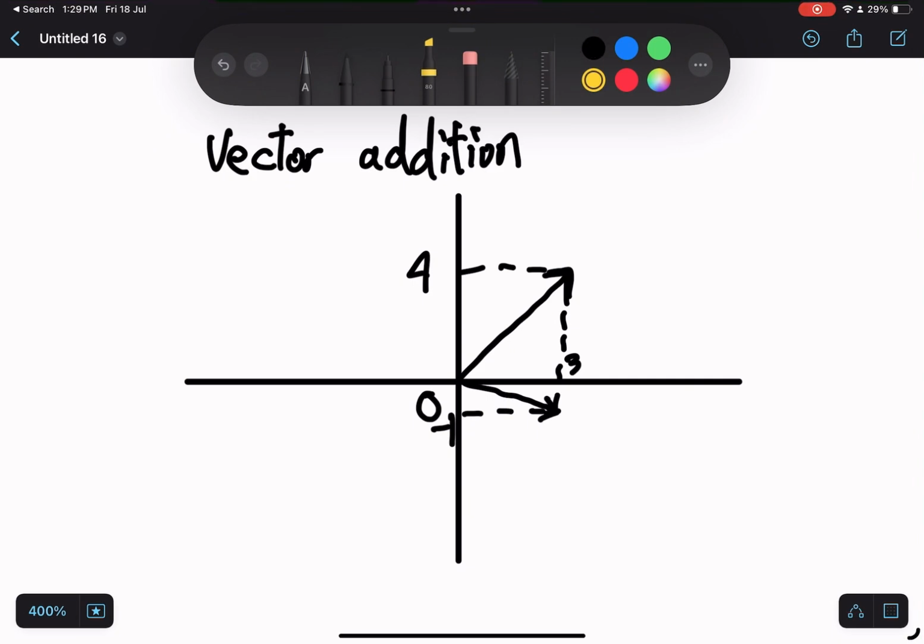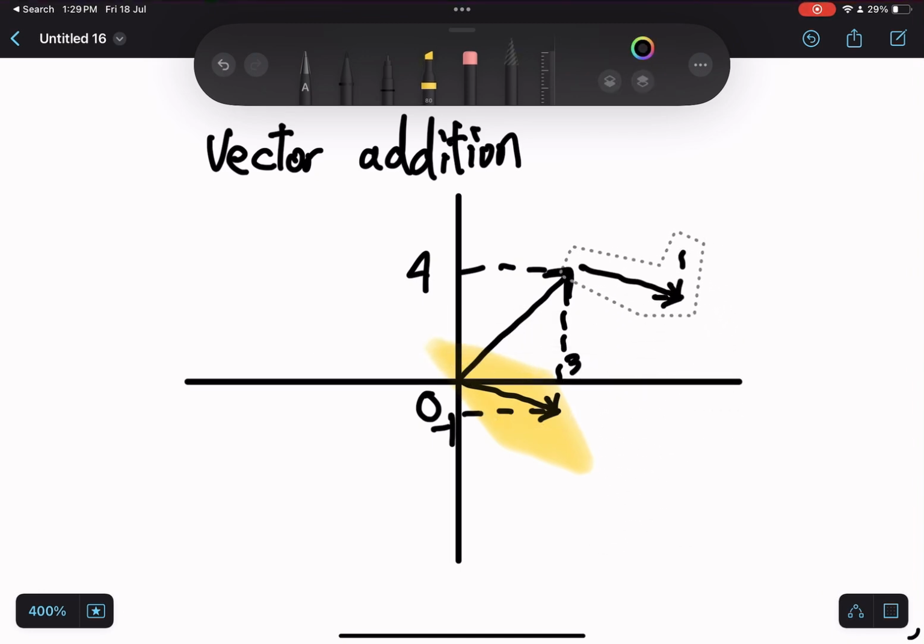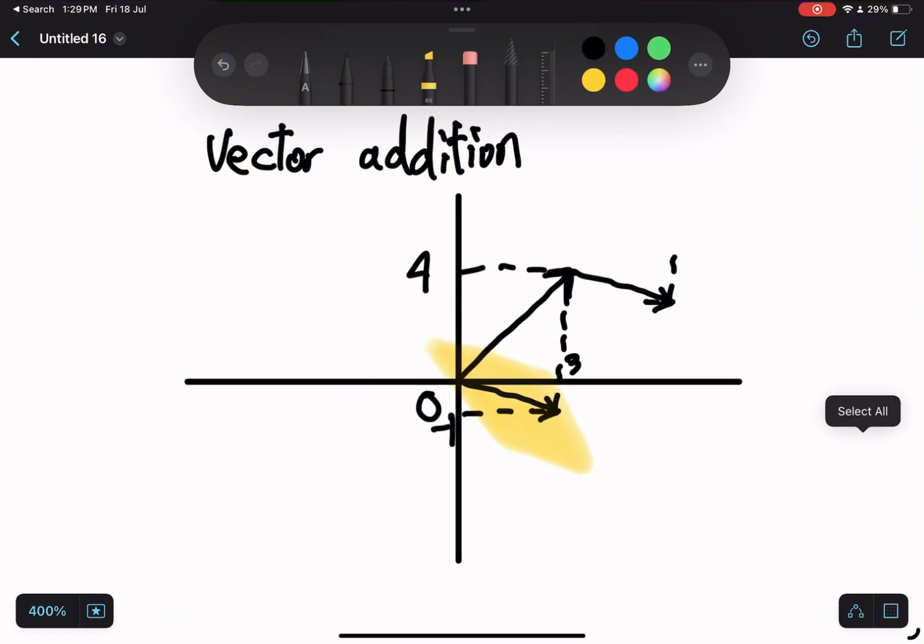To add vectors together, we have to take the bottom arrow and move its tail to the top of the second one, like that.